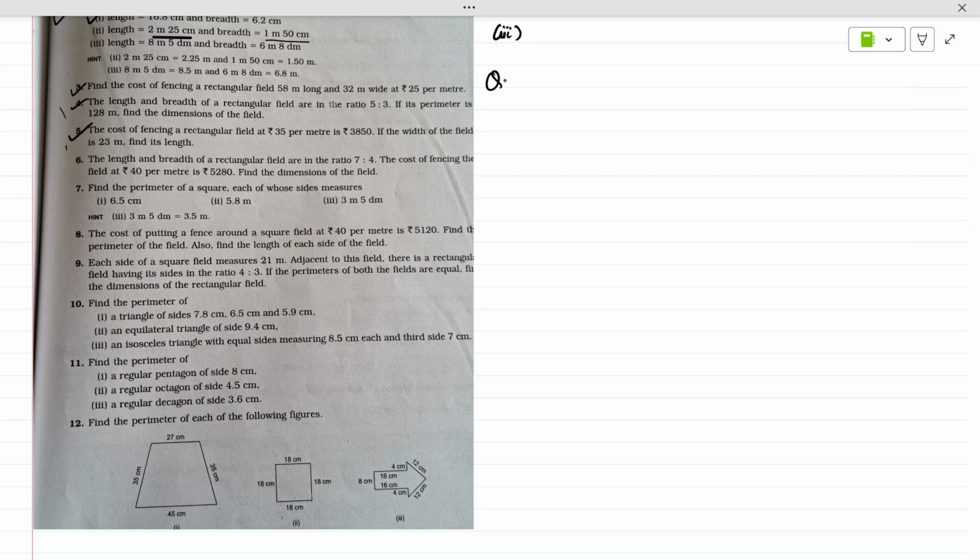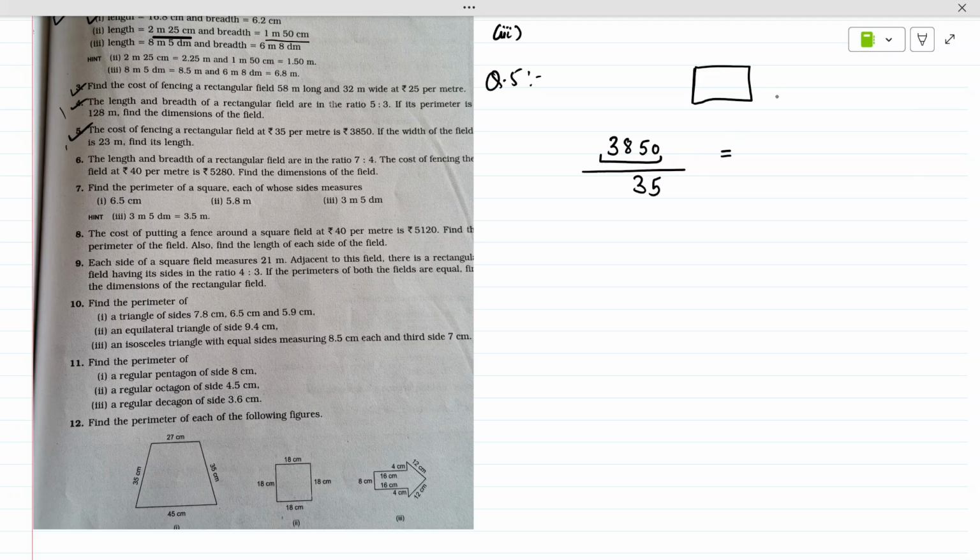Question number 5. What it says is the total cost of fencing this rectangular field is 3850, the entire field. Okay. And for 1 meter it is 35. So that means if we divide the complete cost by the cost per meter, we are going to get the area which we have fenced.